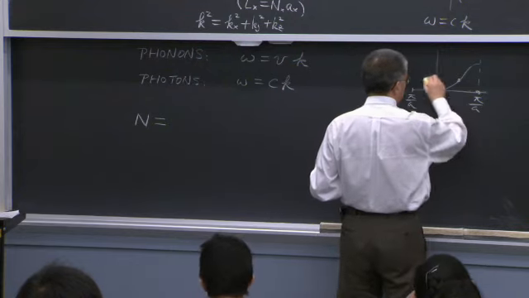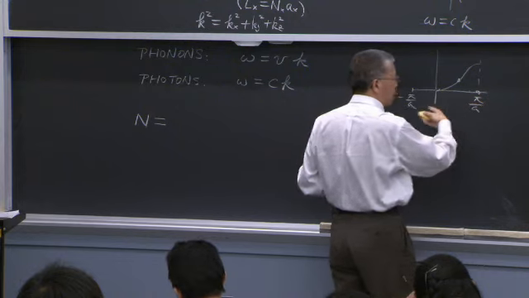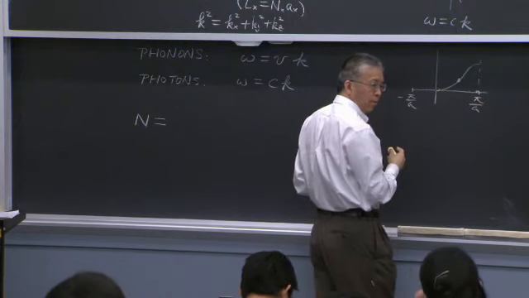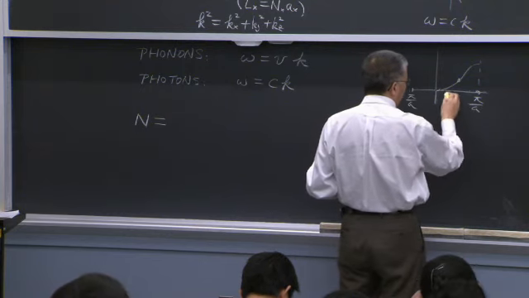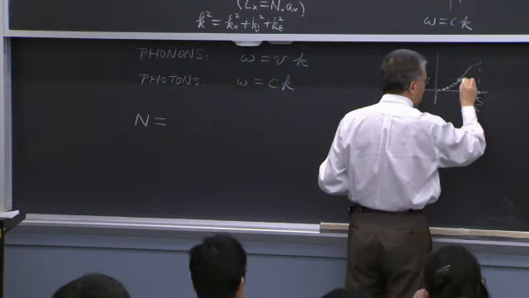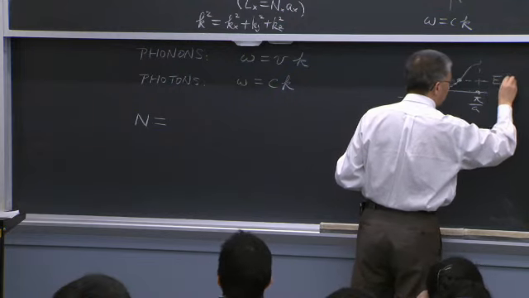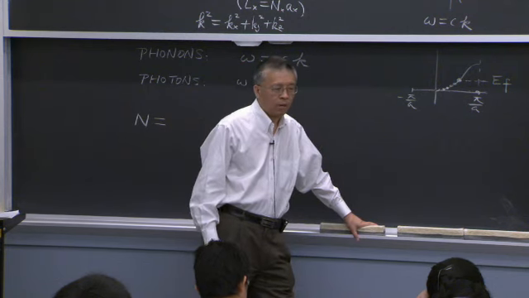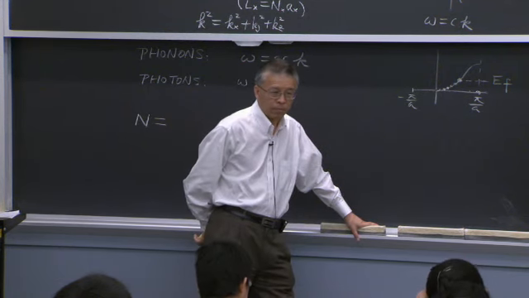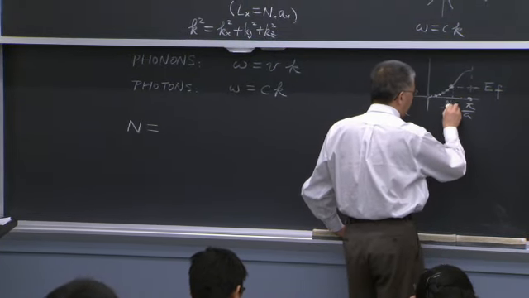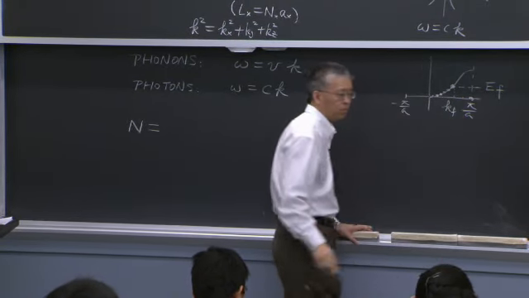So I have to think now, rather than 1D, about a 3-dimensional coordinate, and you fill from the lowest to the uppermost. This is my EF, that's where my Fermi level is. And correspondingly, this is my k, let's say this is my kF.